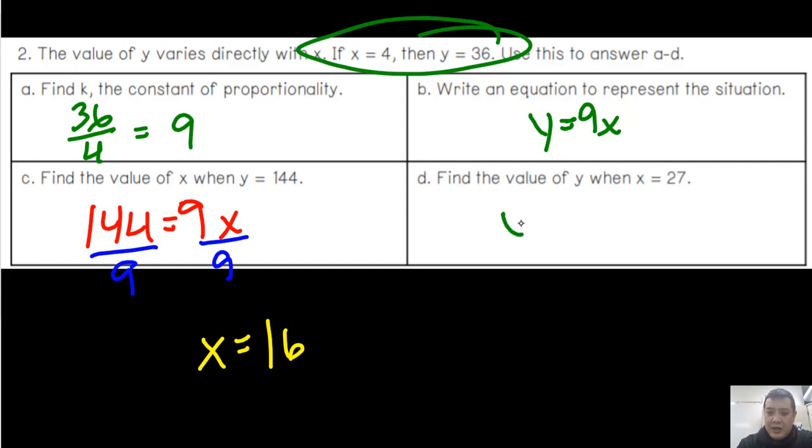So that's y equals 9 times 27, because 9 is our k value. And that gets us 243. So y equals 243.